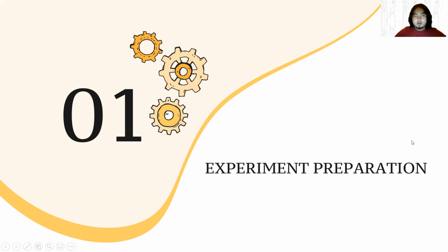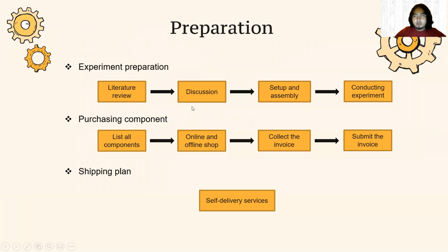The first topic is about the experiment preparation. The very first thing that we do is the literature review. So we are reading a lot of journals and books so that we get an idea about what we will do in the experiment.